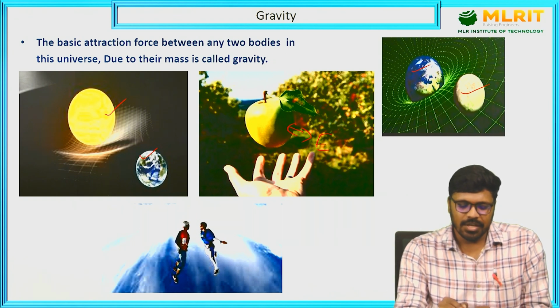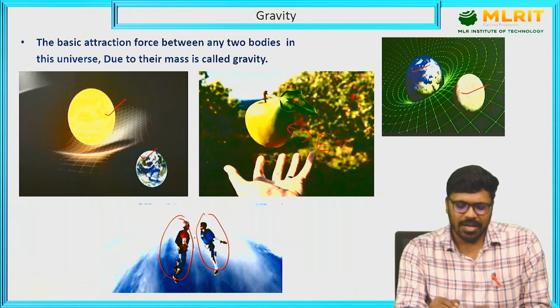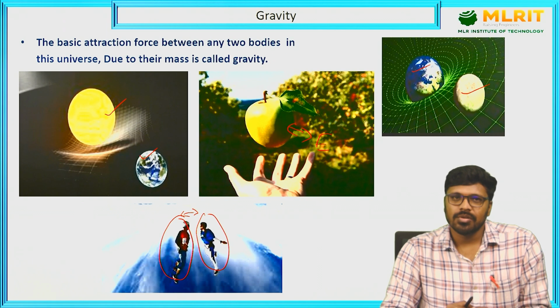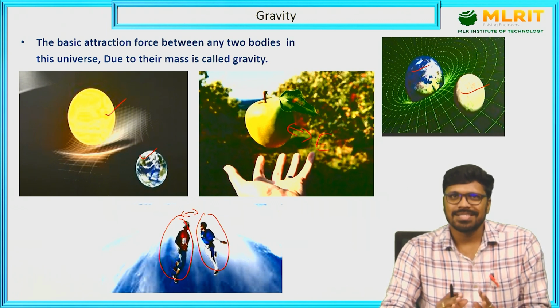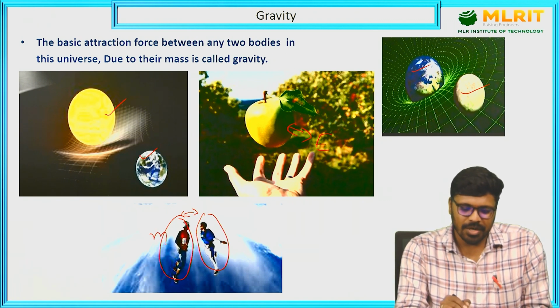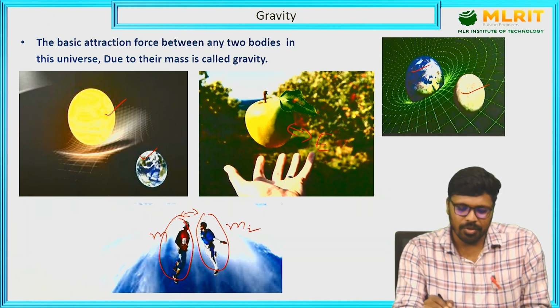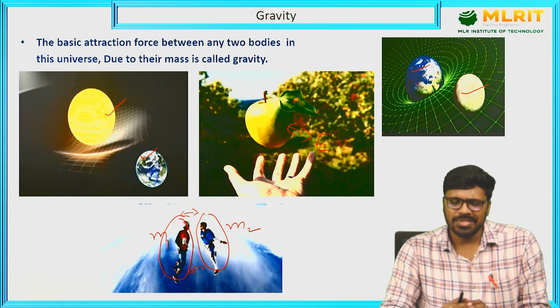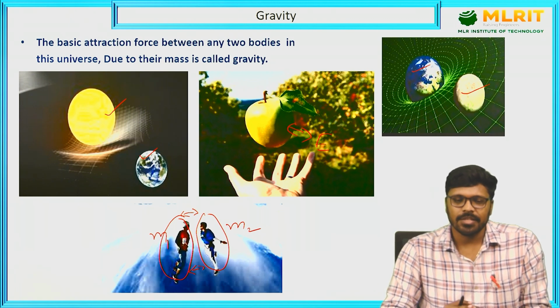You can see two persons here, and there is a force between these two persons, that is also gravity. This person has some mass m1, this person has some mass m2, so these two persons will have some gravitational force of attraction between each other. This is possible for any two objects in this universe.